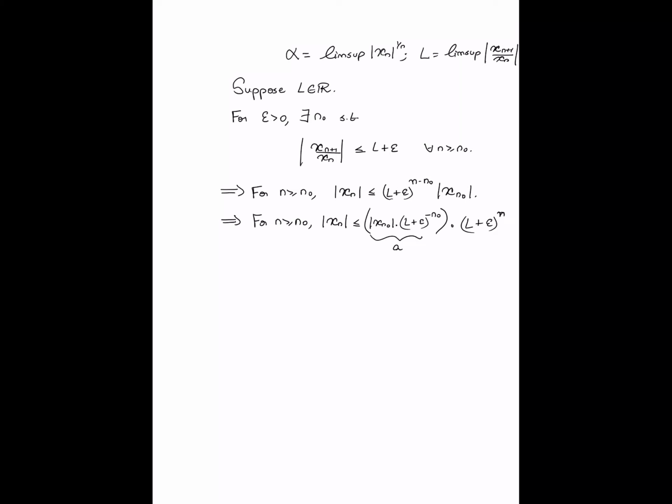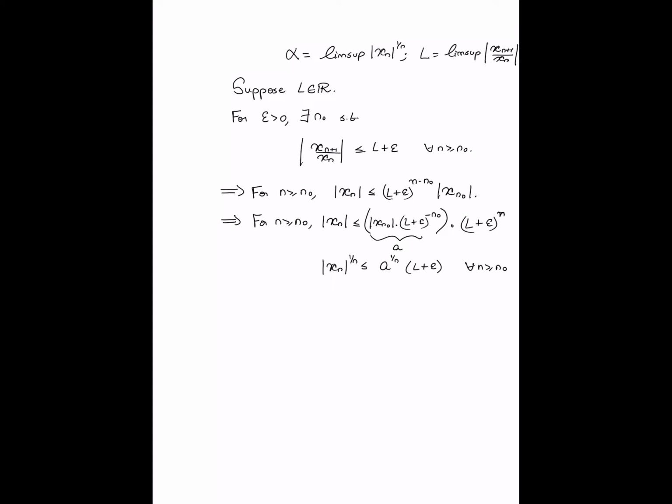Okay, now if you take the nth root of this, that's clearly less than or equal to a raised to 1 by n times L plus epsilon. Again, this is only true for n greater than or equal to n naught.